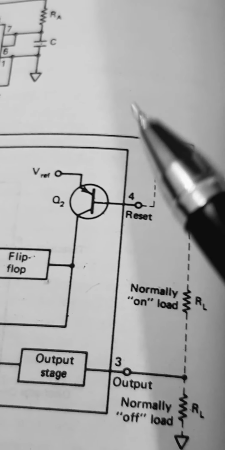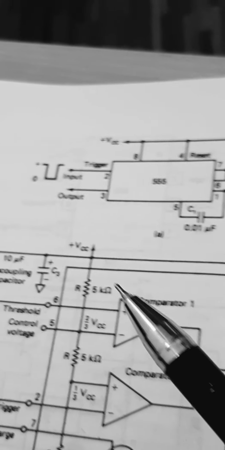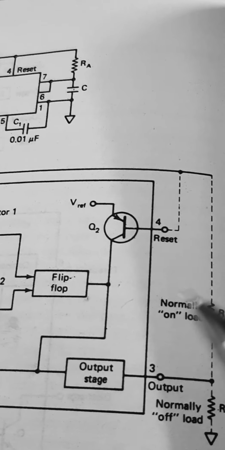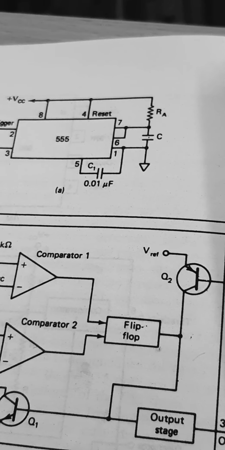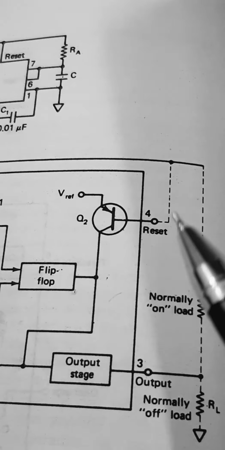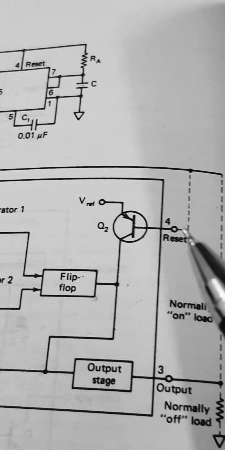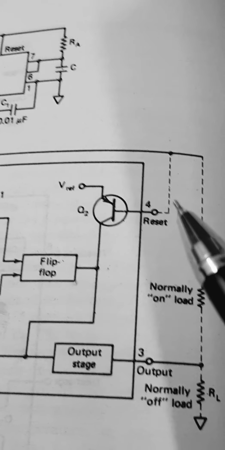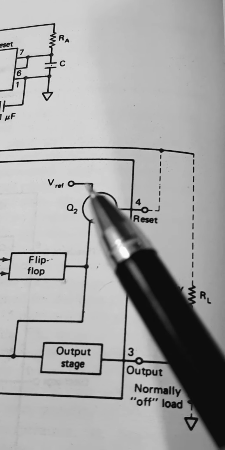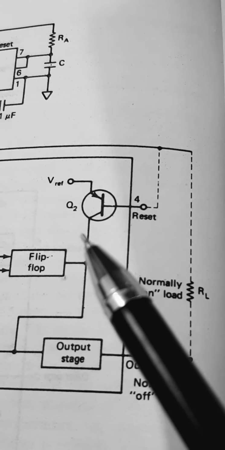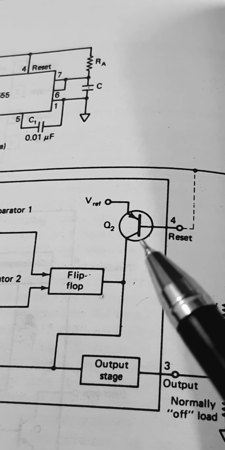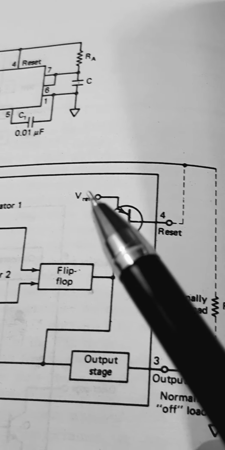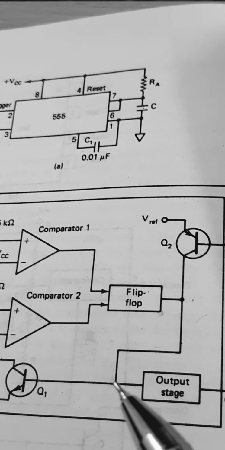Whenever you want to reset, you have to apply a negative pulse to this pin. When you apply a negative pulse, this PNP transistor becomes on, and the V reference voltage is short circuited. If it is on, it's a short circuit, so the reference voltage will come here.